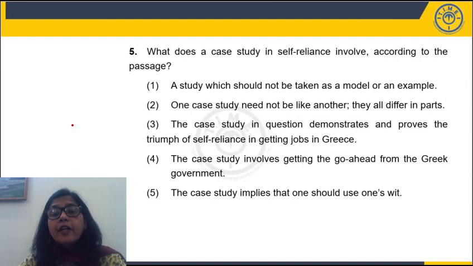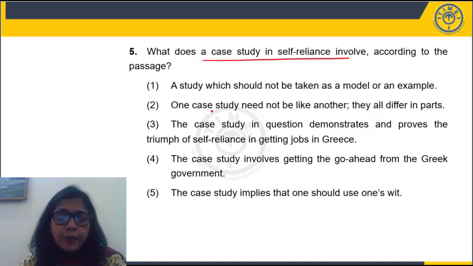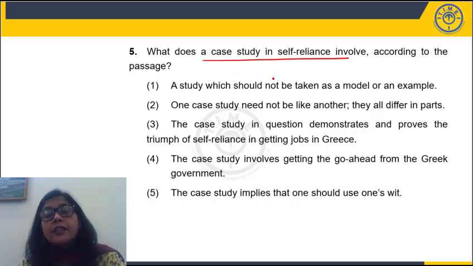Okay, question number 5. What does a case study in self-reliance involve, according to the passage? Now see, Hussaini was presented as a case study in self-reliance, and the question is related to what does such a case study involve.